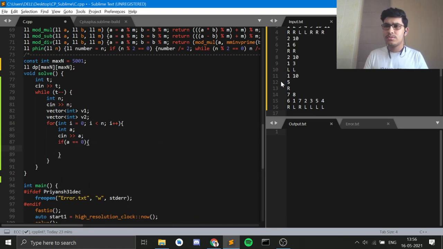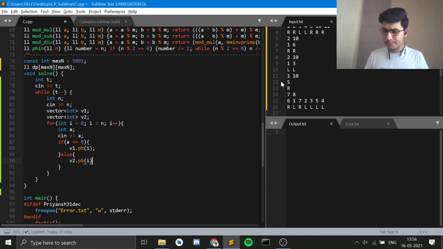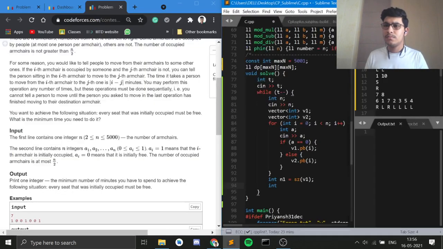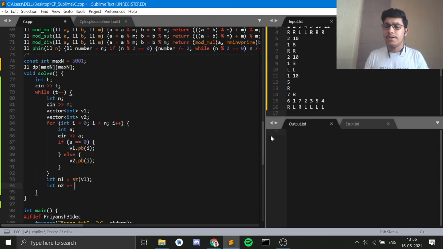So if a equals 0, then I put it in the non-occupied one, else I put it in the occupied one. And n1 equals sz of v1, and n2 equals sz of v2.